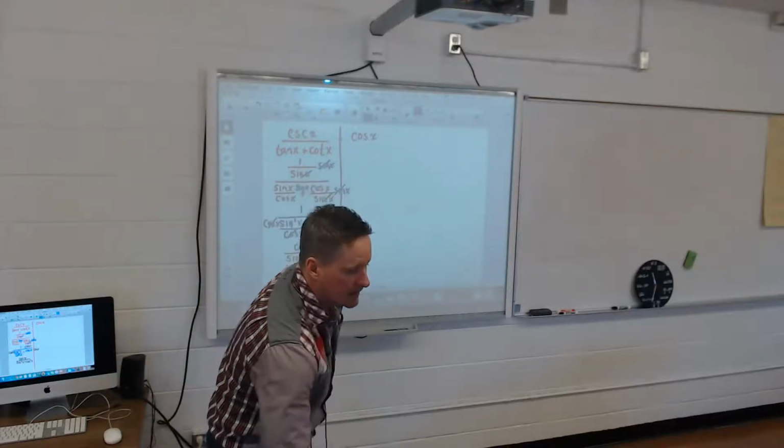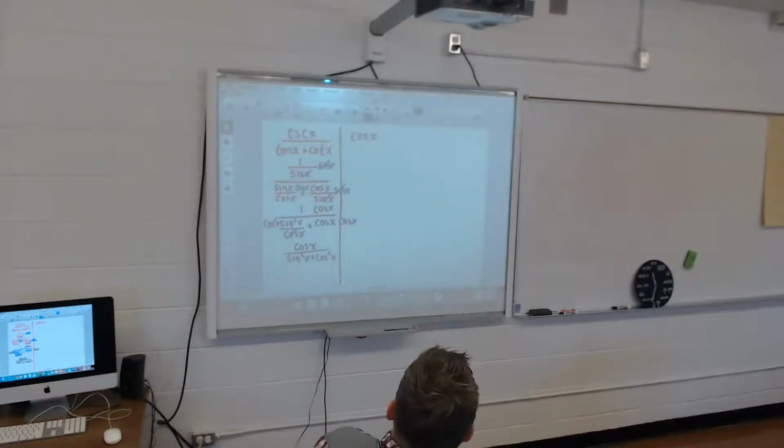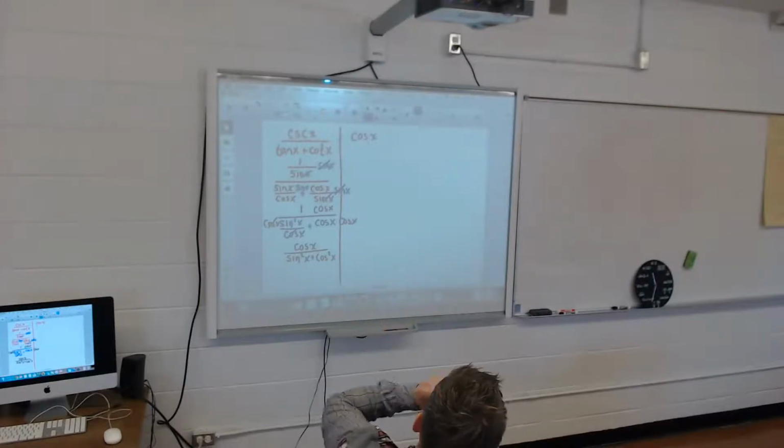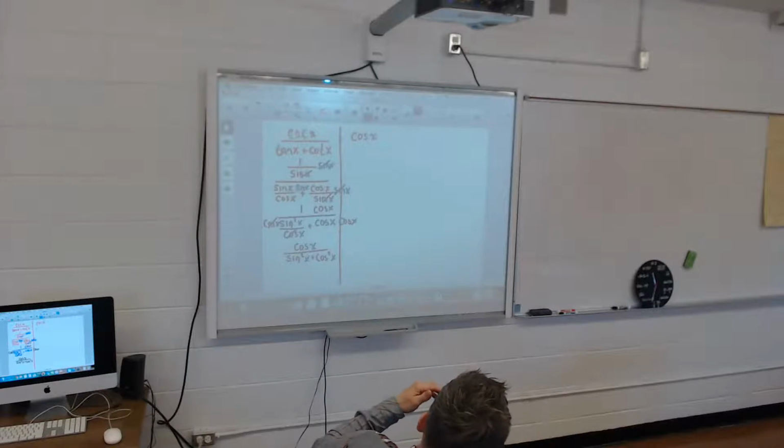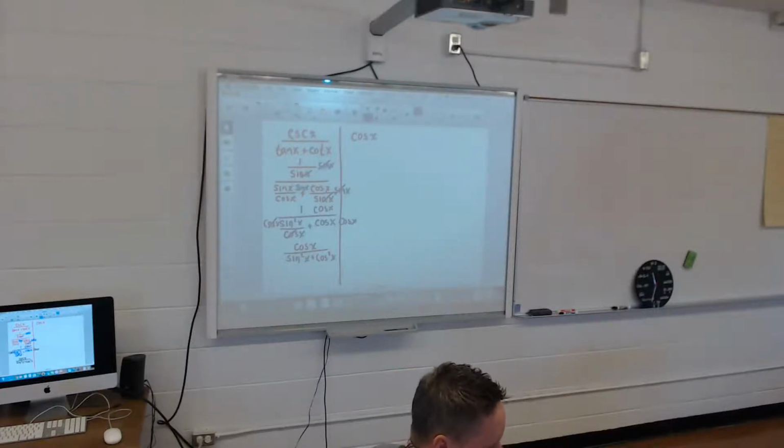So by changing everything at the start to sines and coses, I multiplied by the denominators to get rid of both denominators, the sine and the cos. And I'm left with cos x over sine squared x plus cos squared x.